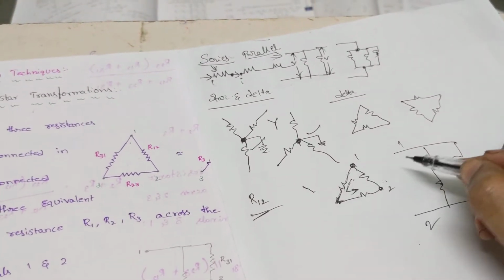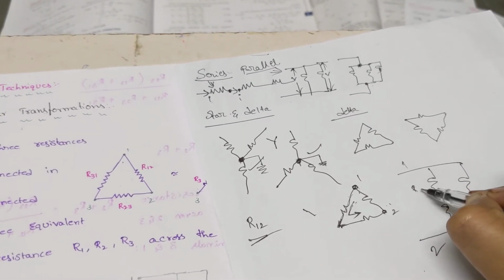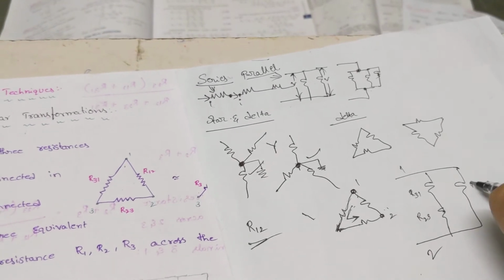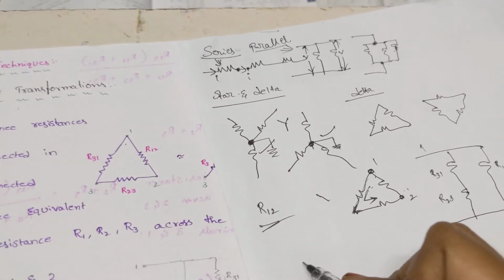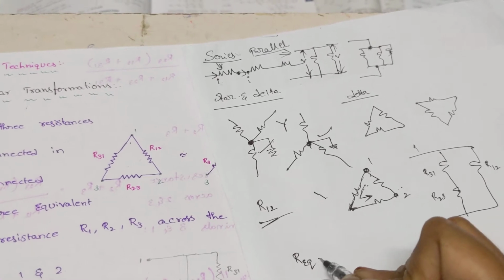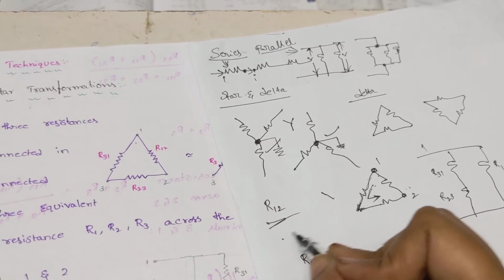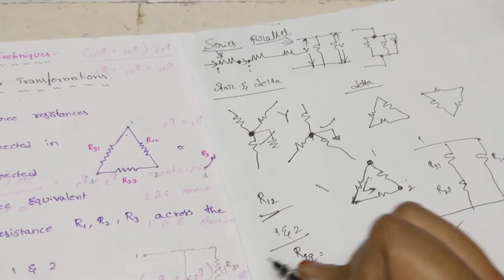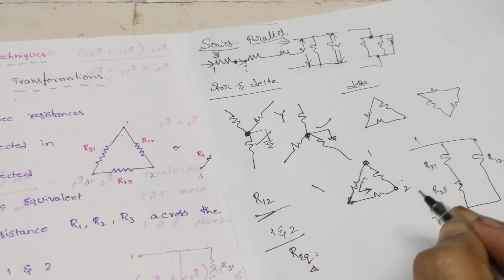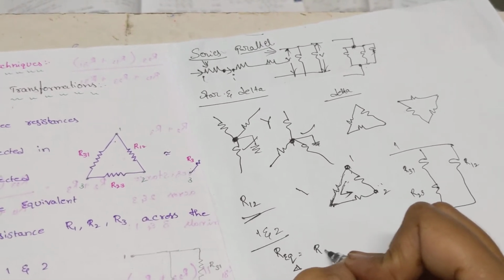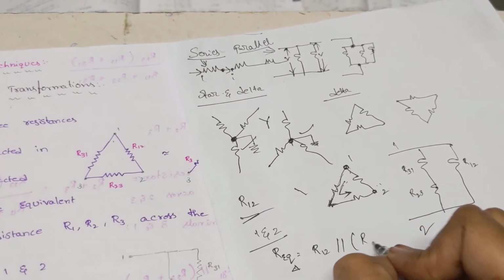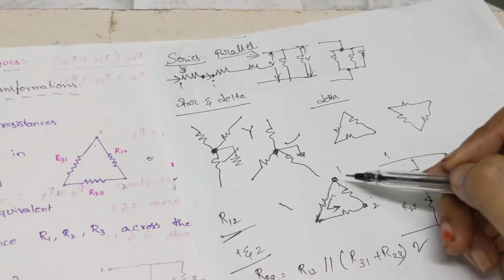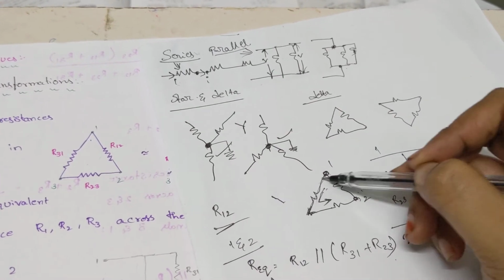So what is the value of these two? R31 and R23, and this one is R12. So the R equivalent between node 1 and node 2 in the delta form is R12 in parallel with R31 plus R23, because right now I am concentrating only on these two terminals.